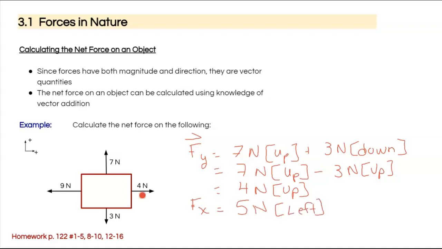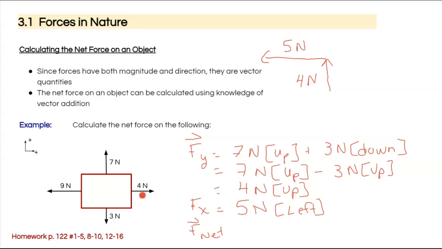Okay. And so in order to find my resultant force, which I'm going to call F net, I'm going to use Pythagorean theorem. Because remember that overall, I have 4 newtons up, and I have 5 newtons to the left.